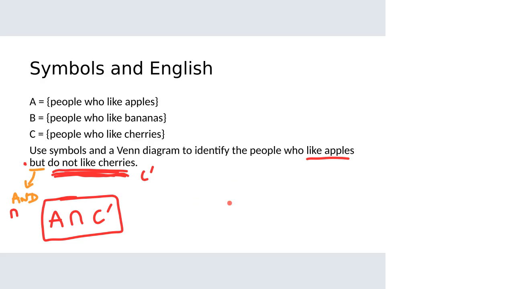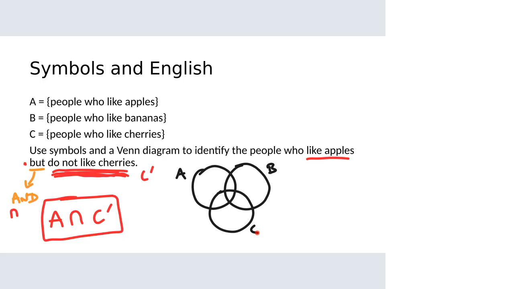I want to give you a chance to shade it before I do, so I'll be a little bit deliberate here before I dive in and shade that. So you try and shade A intersect C complement and see what you come up with.